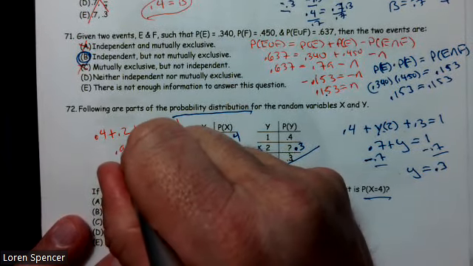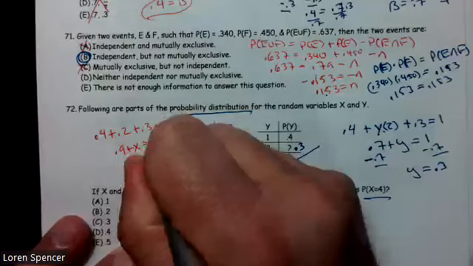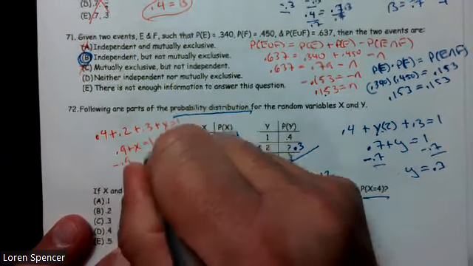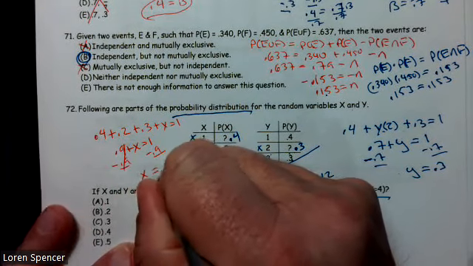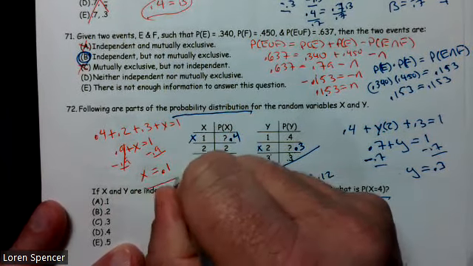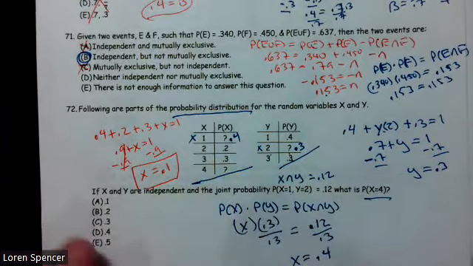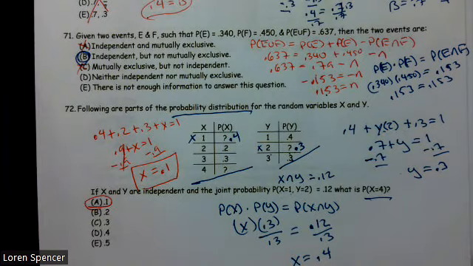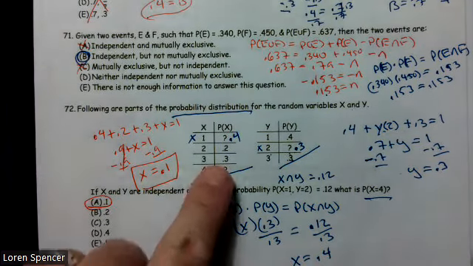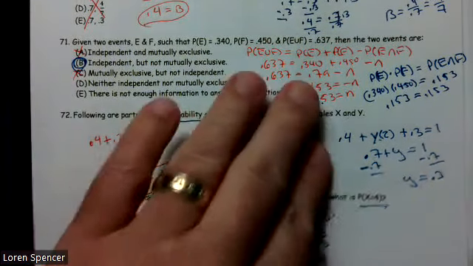So 0.9 plus x equals 1. I subtract 0.9 from both sides, and I end up with x equals 0.1. So my answer choice is A. That's a long one. Actually, this whole video will be a long one.